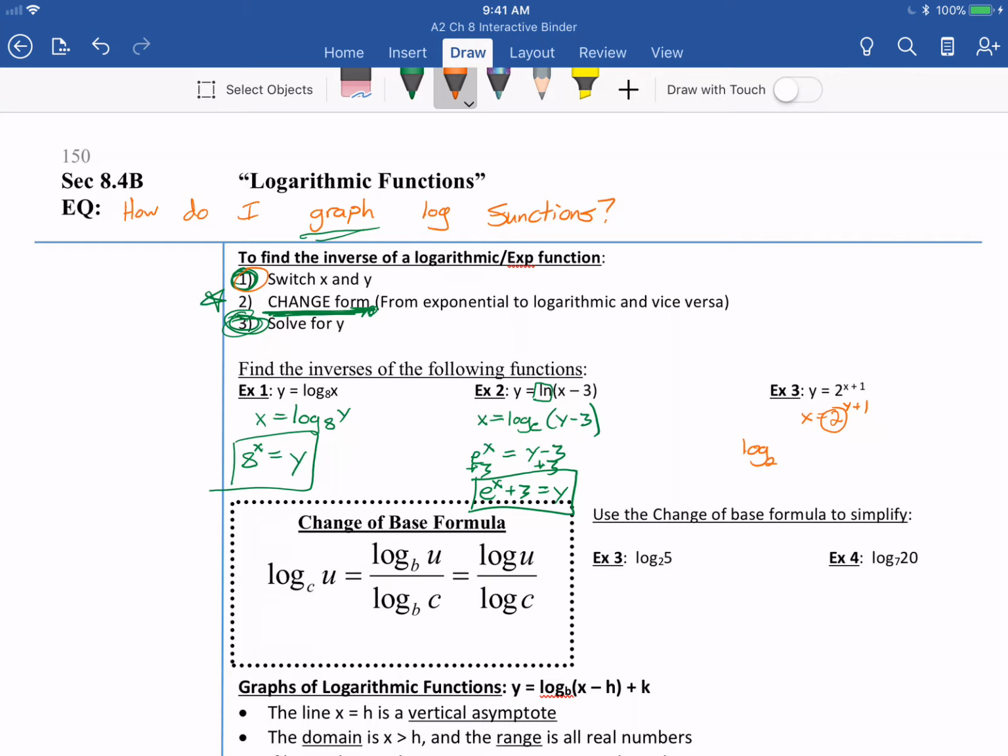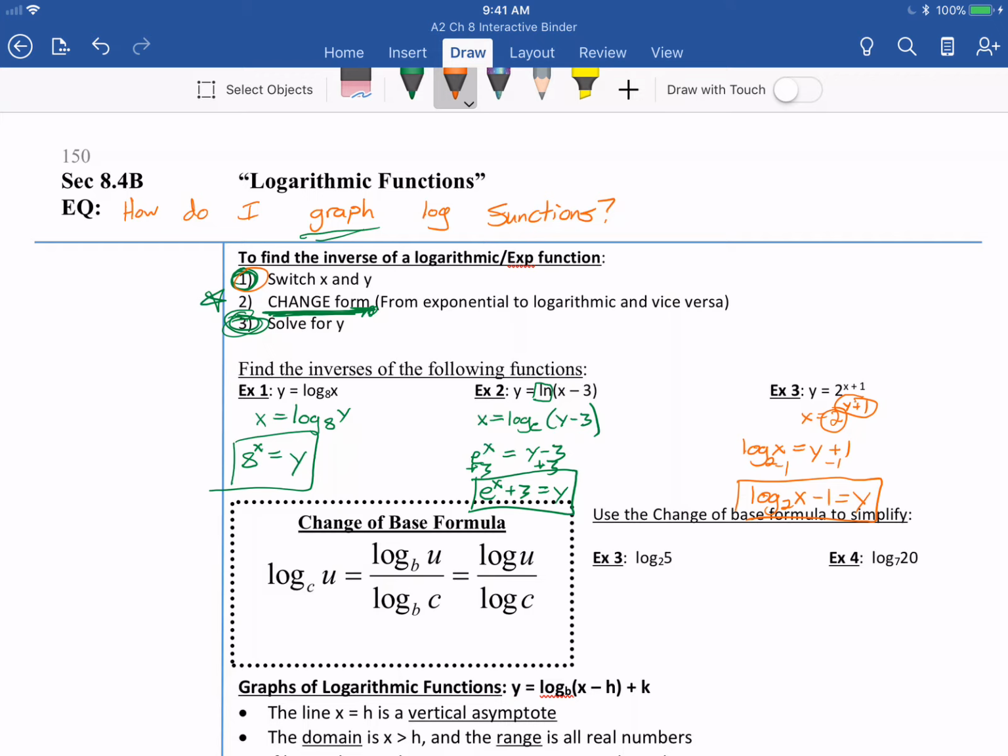And then I have x is equal to y plus 1. A little trick there is that whatever this y is, that always goes on the other side of the equal sign because you're going to end up having to solve for that. So now I just minus 1, so now I get log base 2 of x minus 1 is equal to y. Okay, awesome.